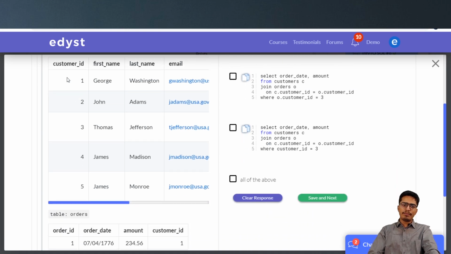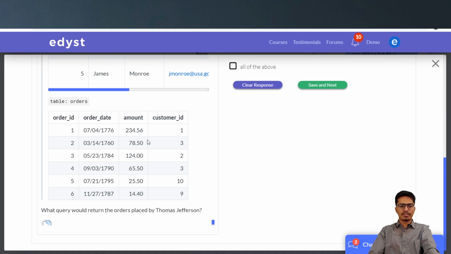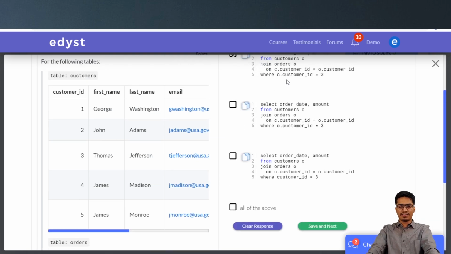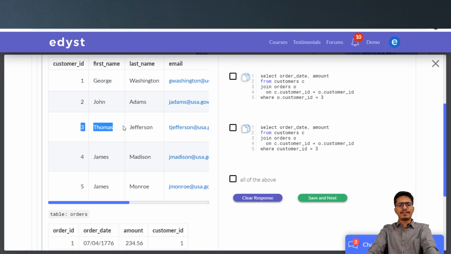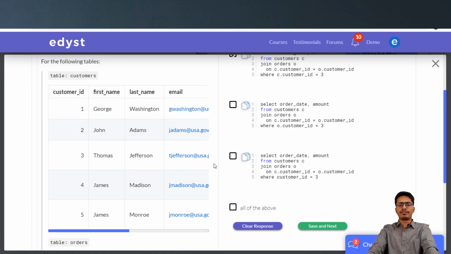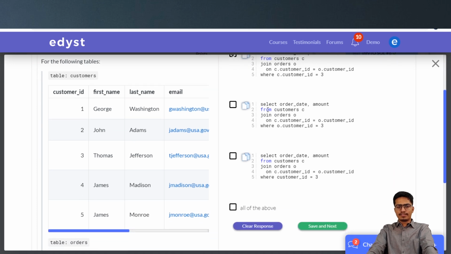So you would end up including rows like George Washington based on this order, and whoever is the person with customer ID 2, they would also come in the result. But then after that you are doing a where clause, right? So you're saying customer ID has to be 3 in my final result, which effectively means only those records with customer ID 3 over here are going to form your final answer. So this is clearly going to give you the answer.